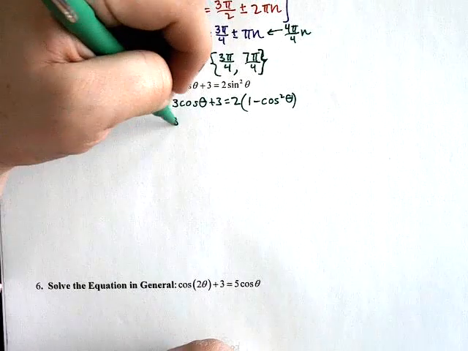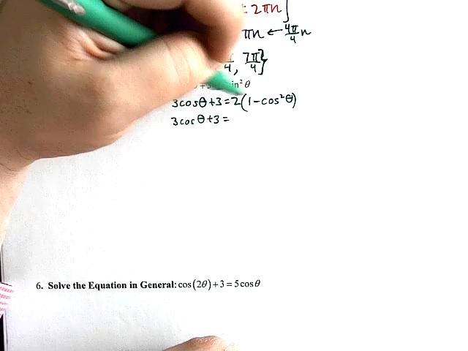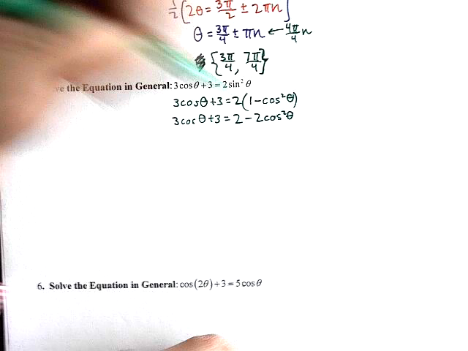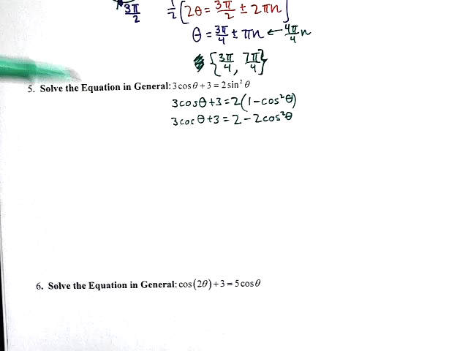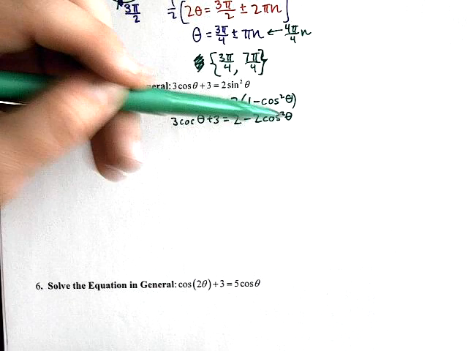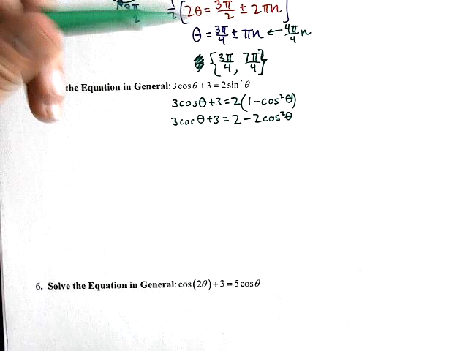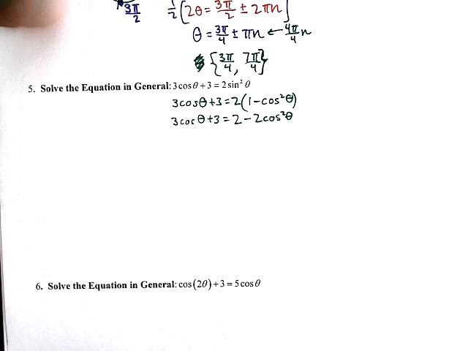So we have 3 cosine theta plus 3 equals, distribute, so 2 minus 2 cosine squared theta. This is looking a lot better now. It's not ready, but we're getting there. Now remember, if we have cosine squared and cosine theta, we probably need to try to factor this. This looks like a trinomial because it's got second degree, first degree, and constants.